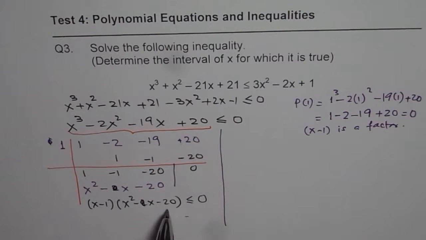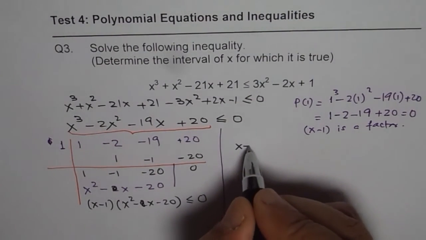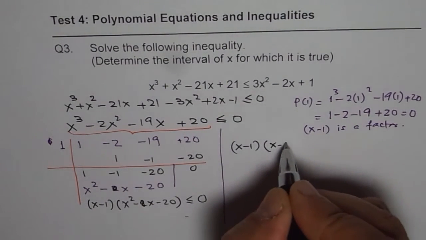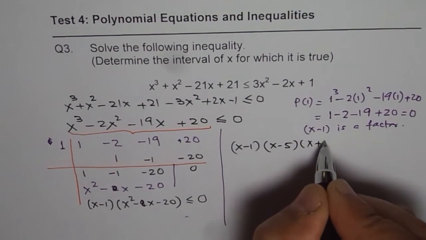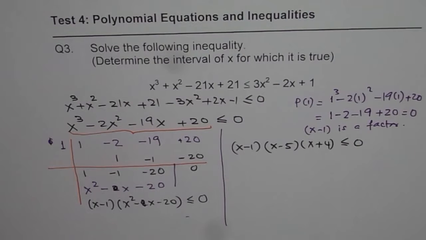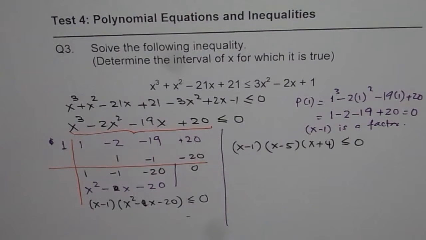We are looking for two numbers with product minus 20 and sum minus 1. So we have x minus 1 times x minus 5 times x plus 4 is less than or equal to 0. That is the factored form of the given inequality.